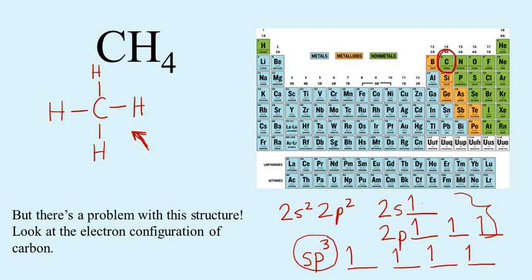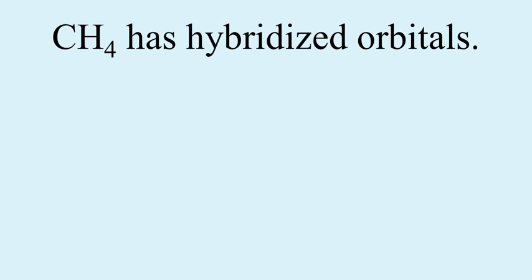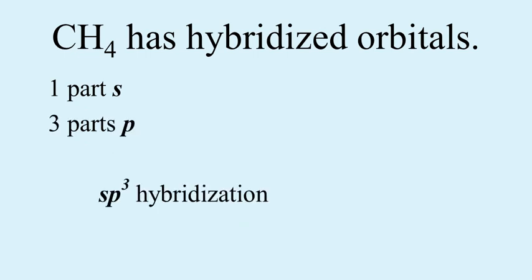And so we can say that methane has hybridized orbitals. Those orbitals are 1 part s and 3 parts p. And so we say it has sp3 hybridization. And once again, these are 4 identical hybridized orbitals, 1 part s and 3 parts p.